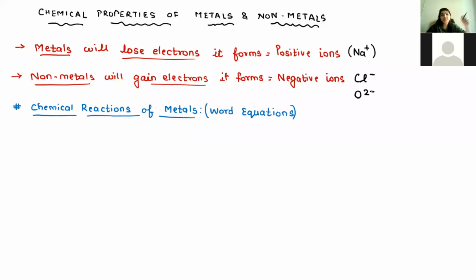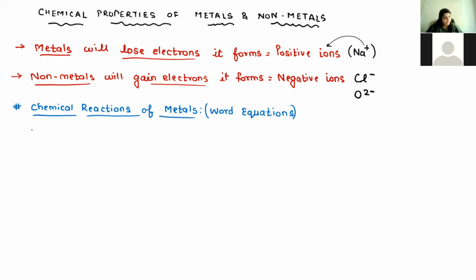Something with a positive charge is called a positive ion. I thought minus means it's positive and plus means it's negative. No, plus means it has a positive charge, so this is a positive ion.